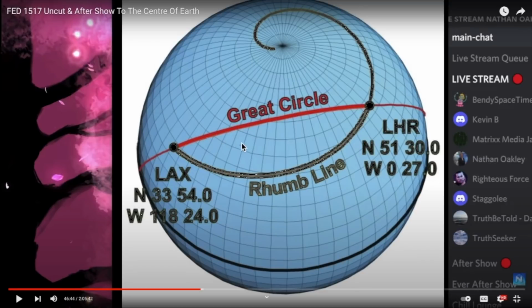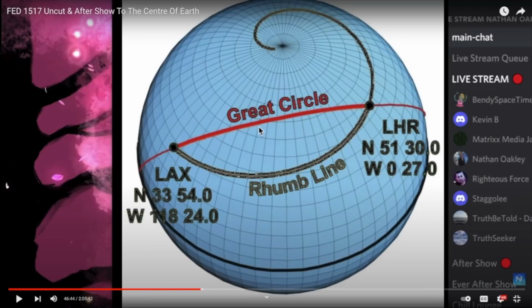Look at where it crosses the up and down meridians. You see how that angle remains the same all the way along until it spirals into the pole? Now look at the great circle distance. Right here is very obvious. But if you look at the great circle distance and compare it to the lines of latitude, you see how they're different?